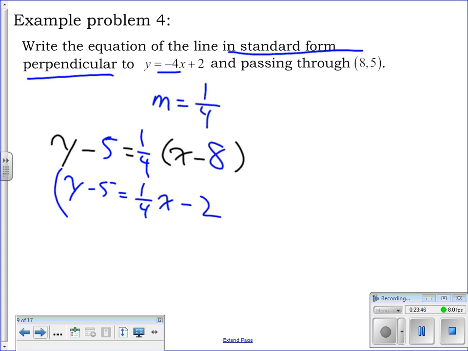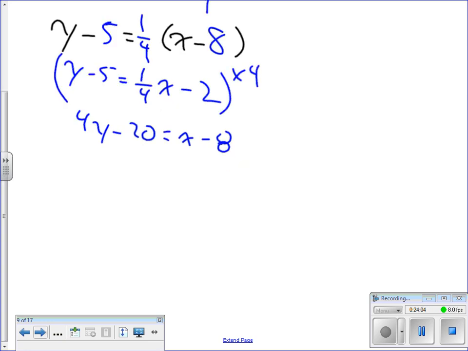Multiply through by my common denominator, which in this case is 4. 4 times everything. 4y minus 20 equals x minus 8. And then rearrange as needed. Subtract x, add 20. Negative x plus 4y equals 12.